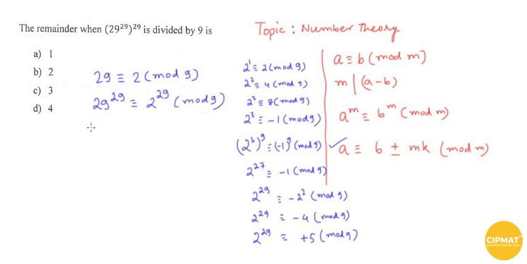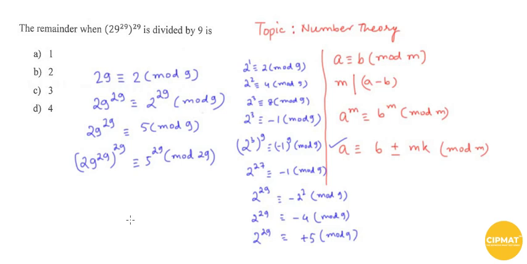Hence 29 to the power 29 is congruent to 5 mod 9. Now this 29 to the power 29 is again to the power 29, so I need to find out 5 to the power 29 mod 9, how much is this.